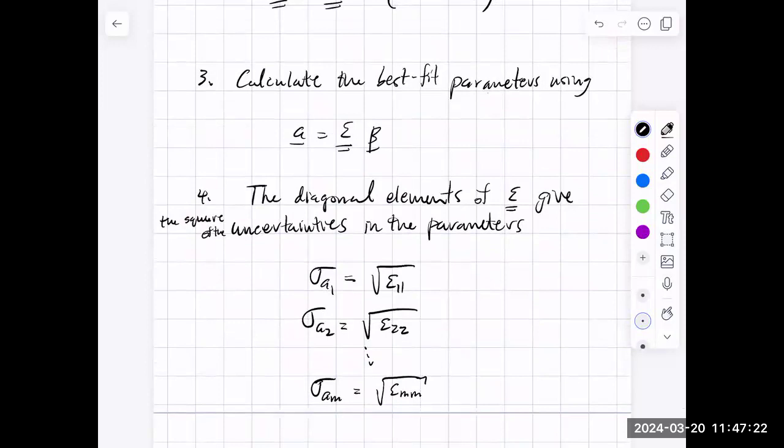What we'll have to do next is generalize this to arbitrary functions that we want to fit to, where maybe we have our parameters mixed in with some exponential or under a square root of some function of x. And so we'll have to develop a third fitting method.